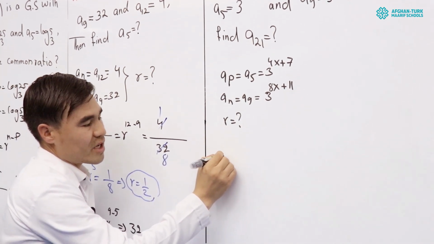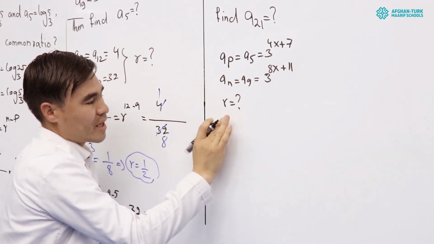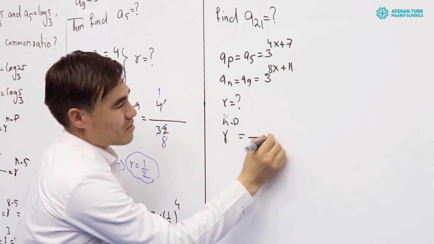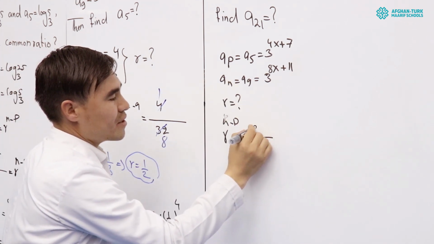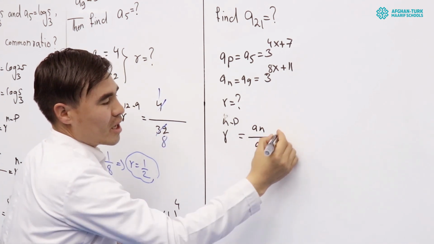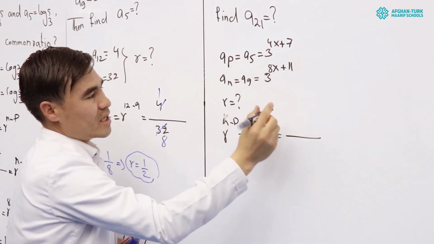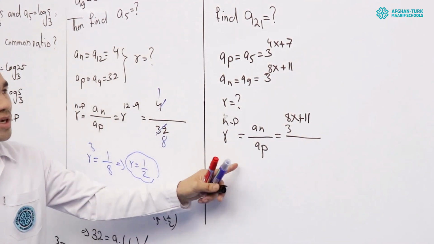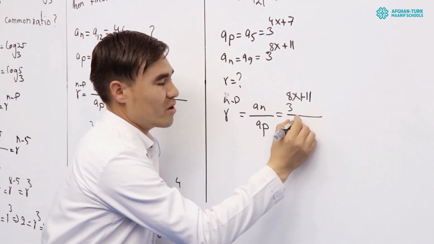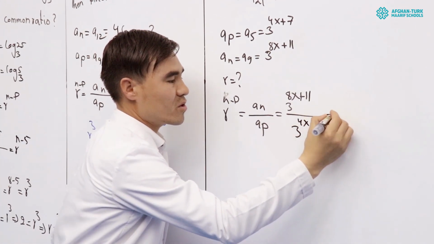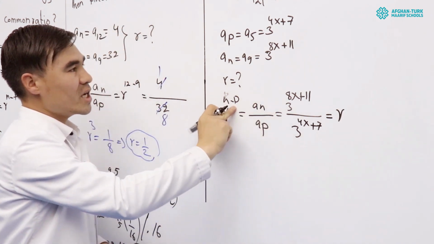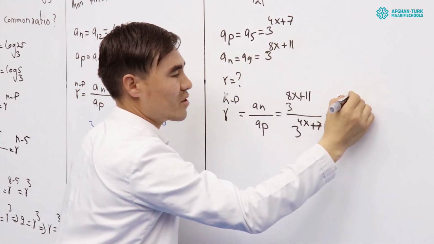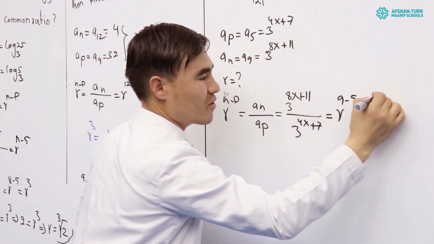To find the common ratio, r to the power of n minus p is equal to an over ap. Here, an is 3 to the power of 8 times x plus 11, and ap is 3 to the power of 4 times x plus 7. With n equal to 9 and p equal to 5, n minus p is 4, so it is equal to r to the power of 4.